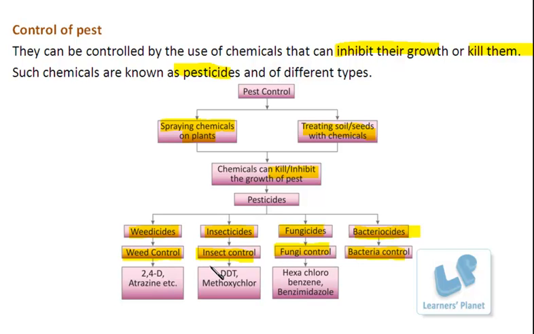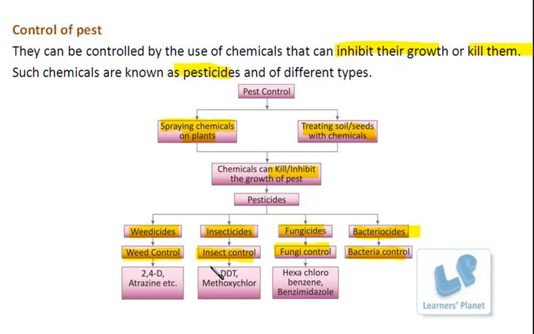Now an important point is that when these types of pesticides are applied either on the soil, or on the seeds, or directly on the plants, they actually result in some different types of problems. Like first, they can cause environmental pollution, and second, it can be related to biomagnification also.